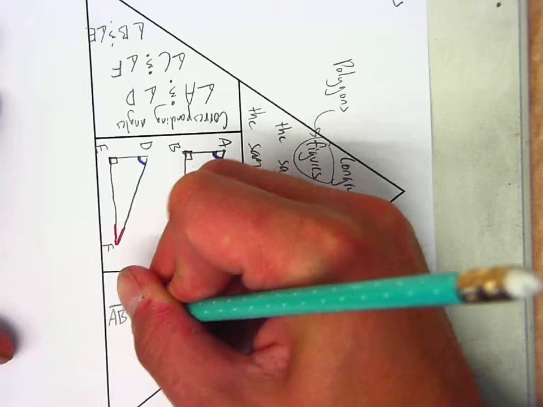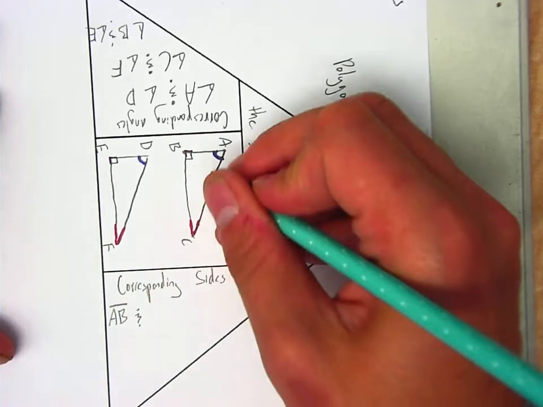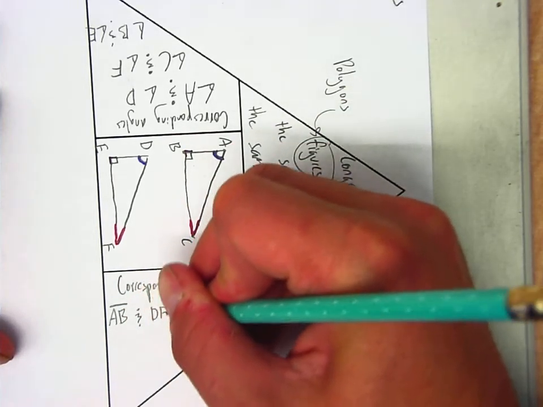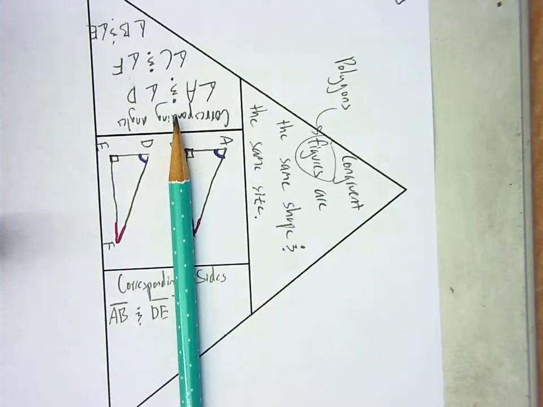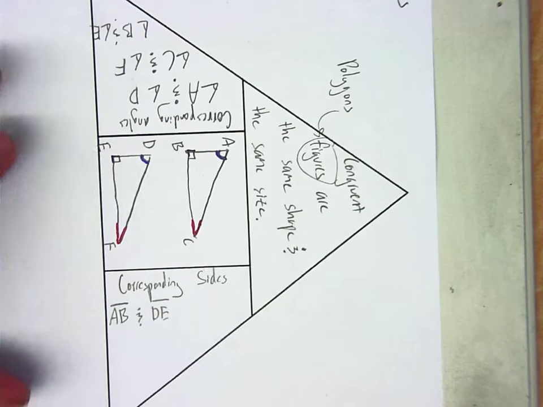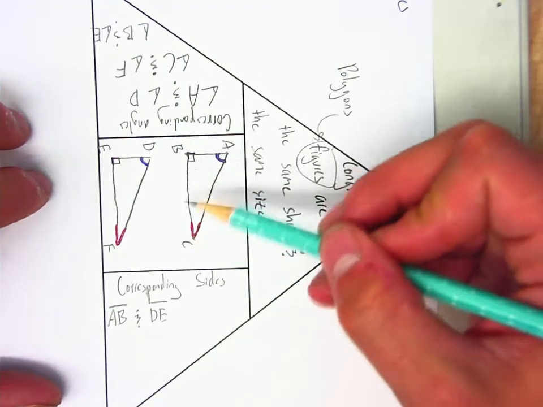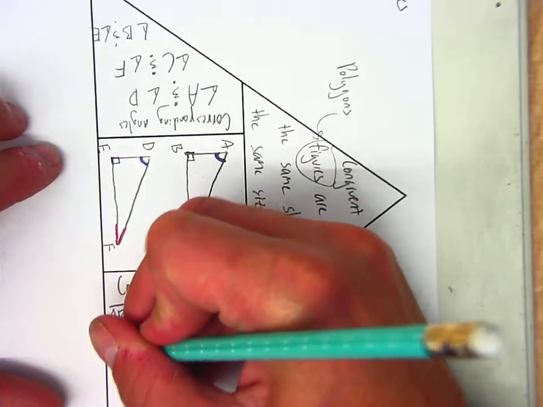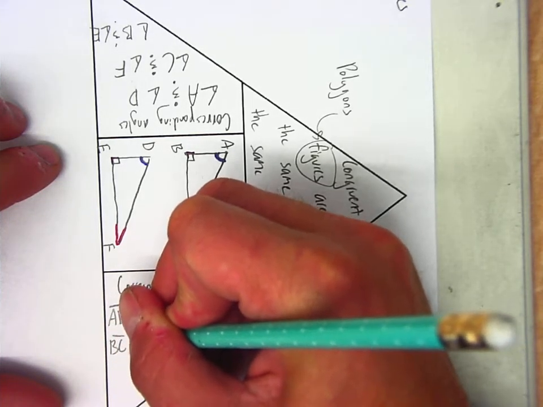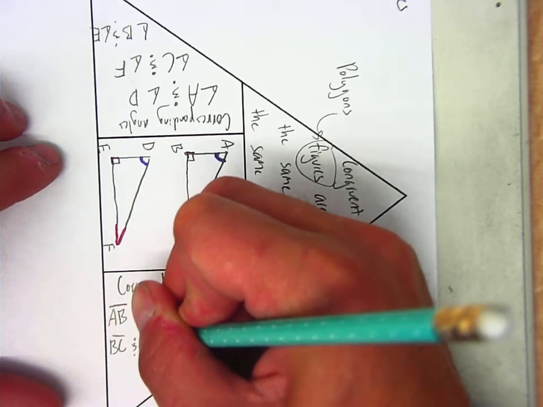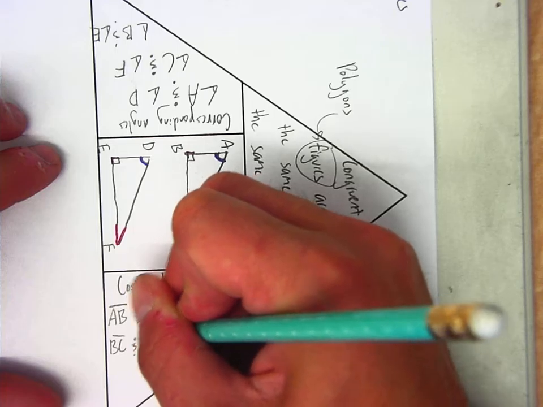AB and DE. And then also we could talk about BC and EF.